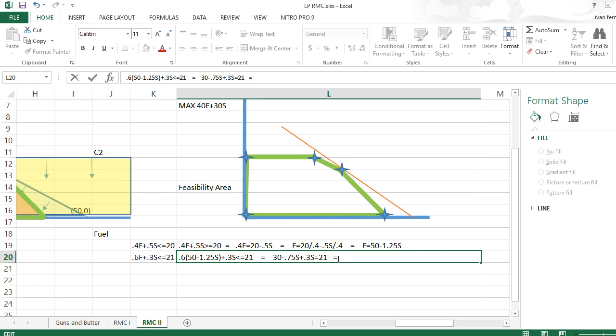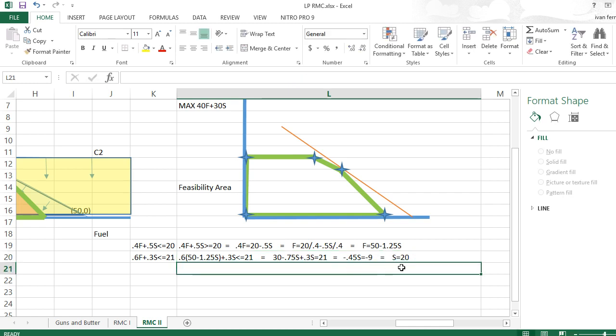So that's equal to negative 0.45s equals negative 9. So s equals 20. Okay, so we got the first one. Solvent is going to be 20.